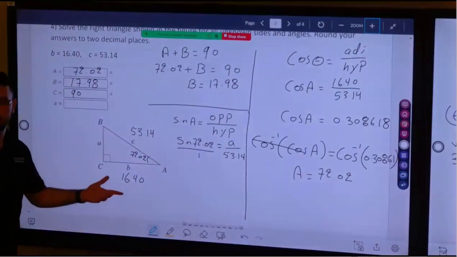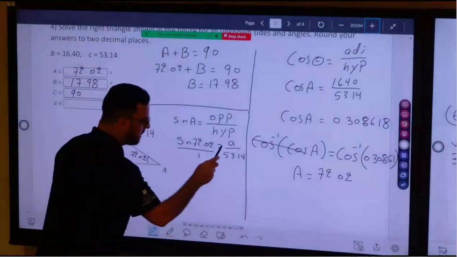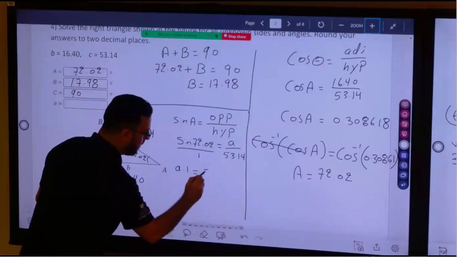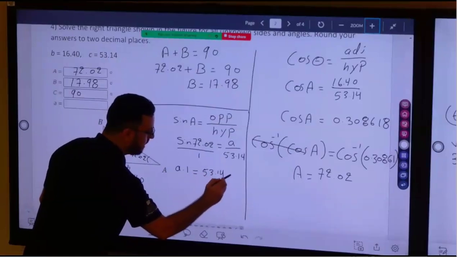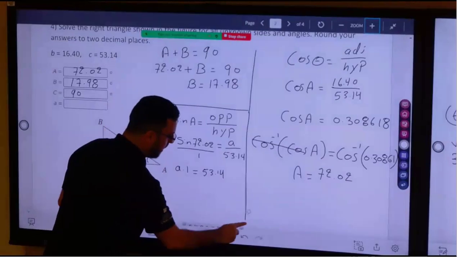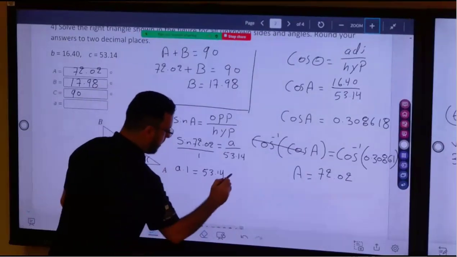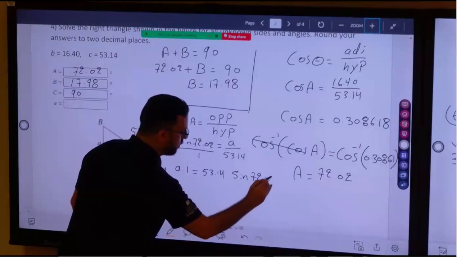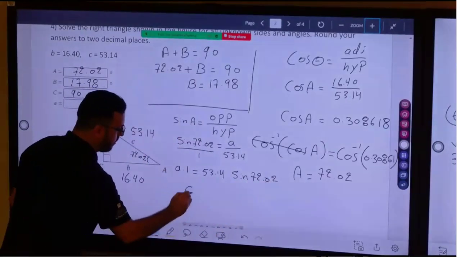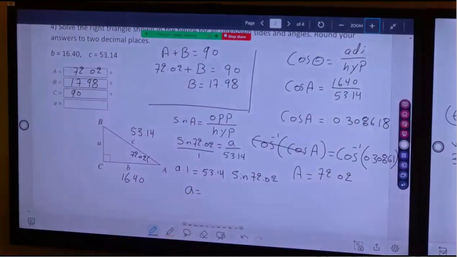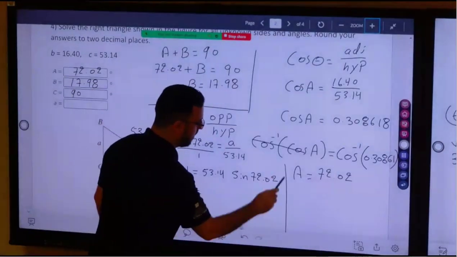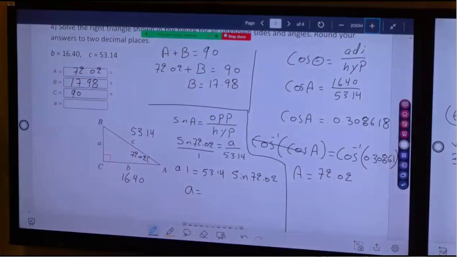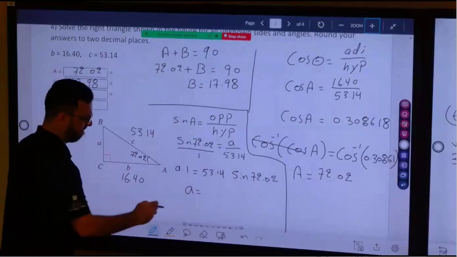Next step, we're going to cross multiply. That means A times 1 equals 53.48 times sine of 72.02. So how much is going to be A? 50.54.